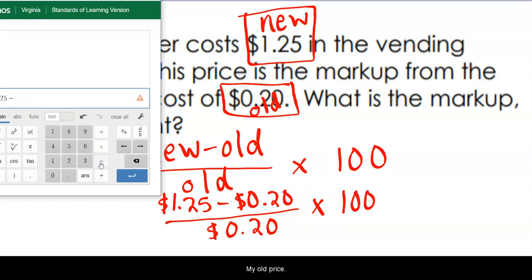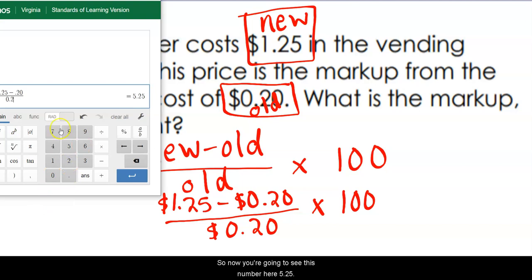My old price was 20 cents or 0.20. And then I'm going to divide all of that. So if you forget to put the fraction to begin with, you can highlight it and then click on the A over B key. And on the bottom, I'm going to put the old price or the original price because that's what it's marked up from. So I'm going to put 0.2 on the bottom.